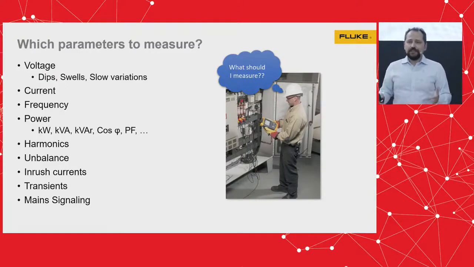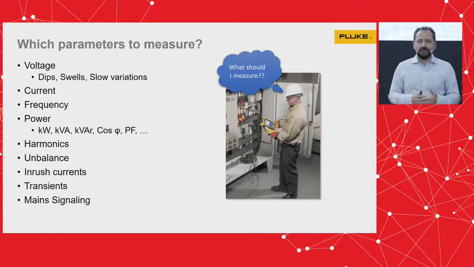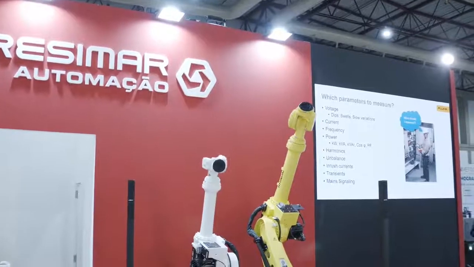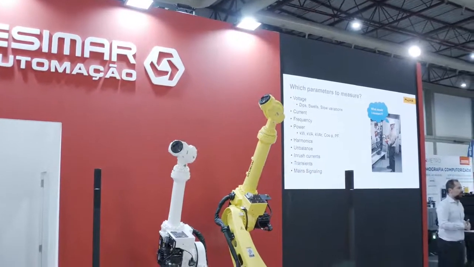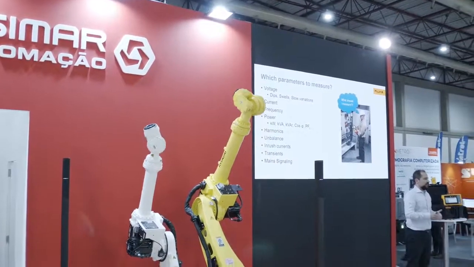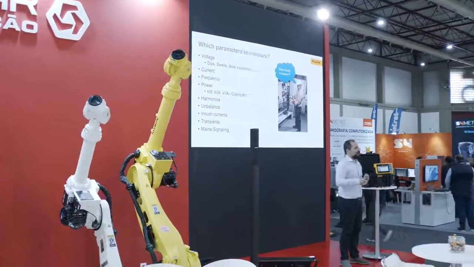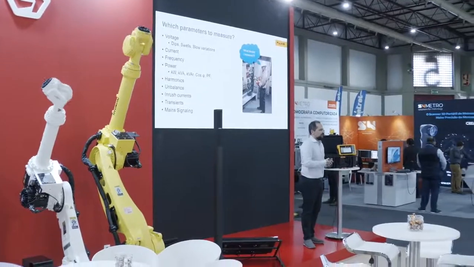There are many potential issues that may be present in our installation, and with a complete power quality analyzer, as with the Fluke product line, we can measure all of them in a single shot and later analyze them in software and take the appropriate measures based on our diagnosis of that data.